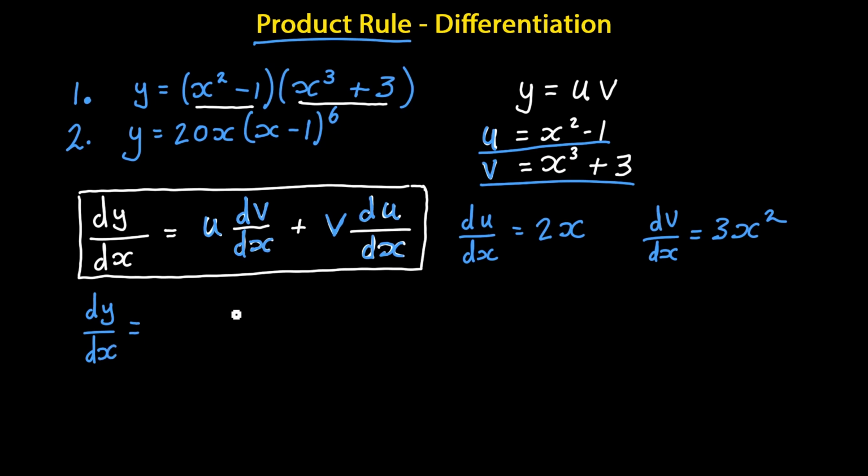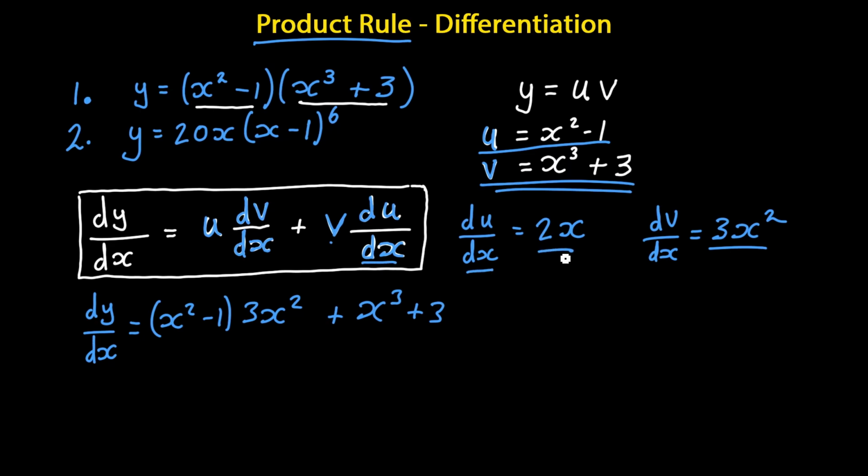So we know u is equal to x squared minus 1, and we're multiplying that by the derivative of v with respect to x, which is 3x squared. Then we add the term v, which is x cubed plus 3, and multiply it by the derivative du over dx, which is 2x.